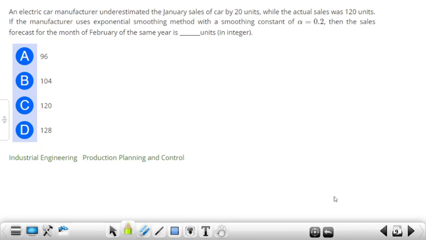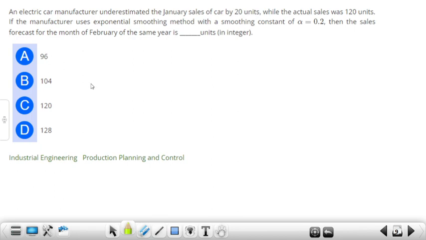An electric car manufacturer underestimated the January sale of car by 20 units, while the actual sale was 120 units. If the manufacturer uses exponential smoothing method with a smoothing constant alpha equal to 0.2, then the sale forecast for the month of February of the same year is dash units.